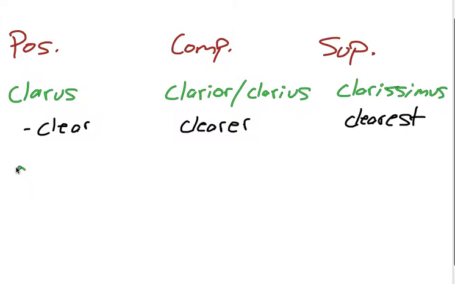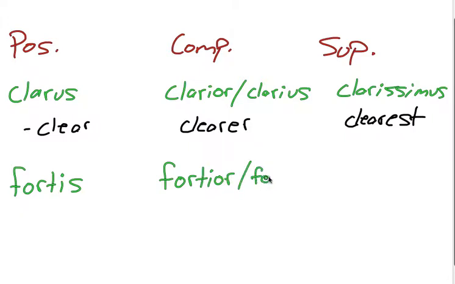Okay, let's do a third declension one, because we haven't done any third declension yet. So let's do fortis. Okay, it works the same way. The comparative would be fortior, and the neuter would be fortius. Okay, and then the superlative would be fortissimus.